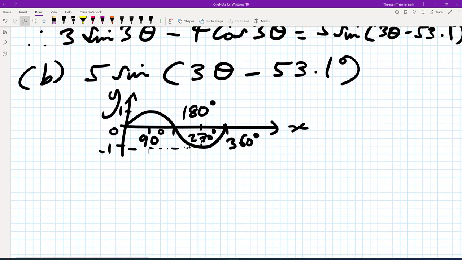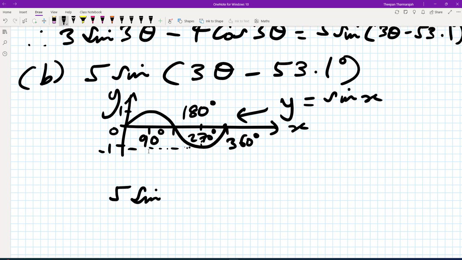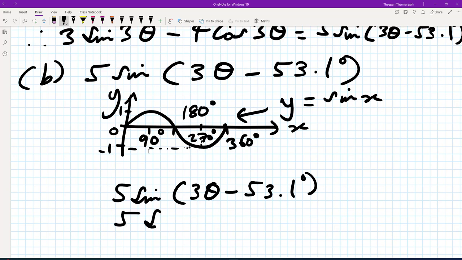So we can say, therefore, from the graph of y equals sine x, and we treat 5 sine(3 theta minus 53.1 degrees) as a sine x, if you like, the minimum value of that would be minus 1. So the minimum value is minus 5.